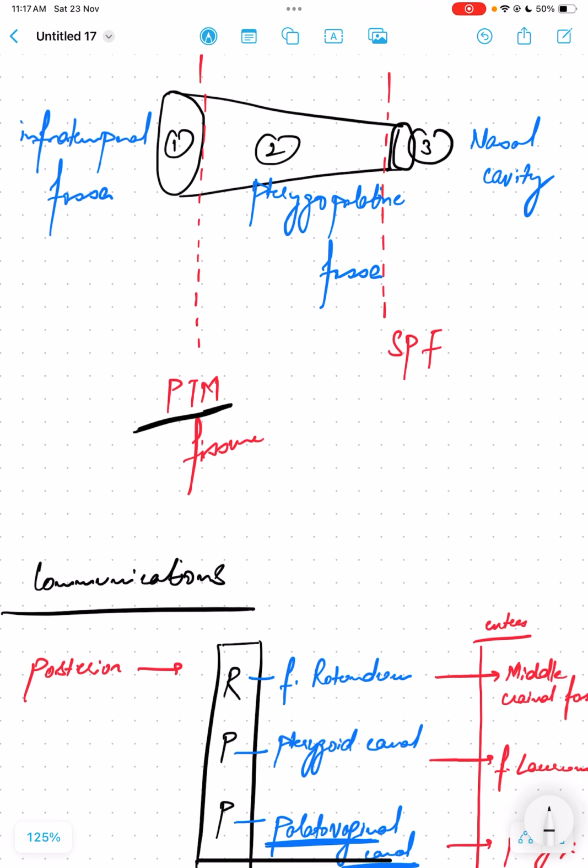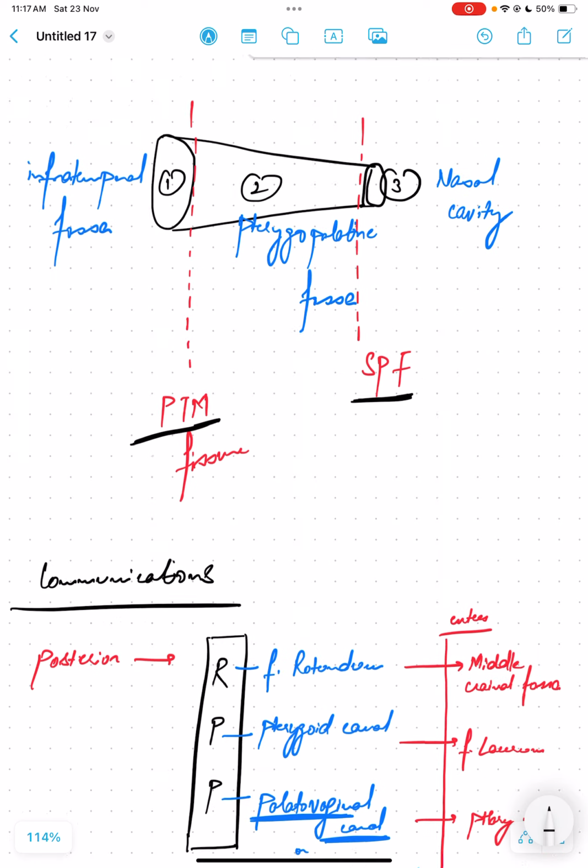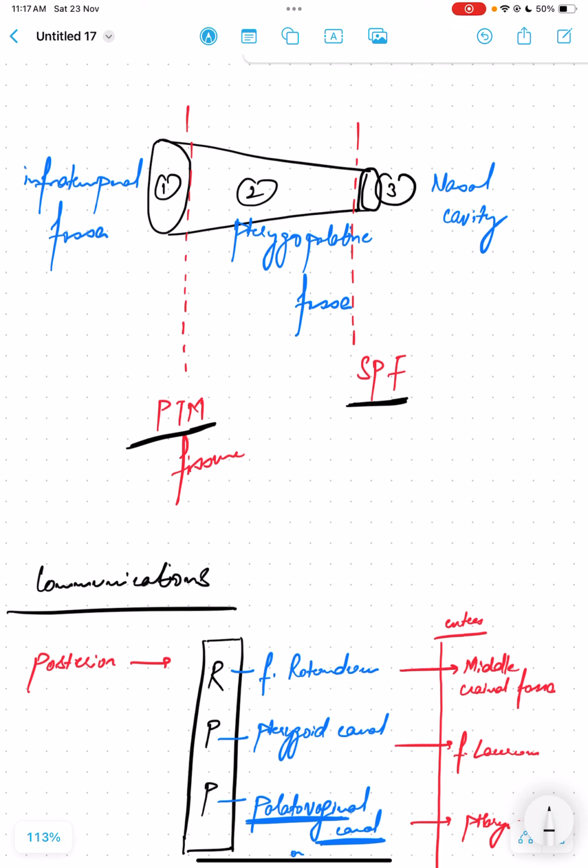What is PTM? That is the pterygomaxillary fissure. And between the pterygopalatine fossa and the nasal cavity, I have marked the sphenopalatine foramen. So on the medial side we will have the sphenopalatine foramen, and on the lateral side we will have the infratemporal fossa.